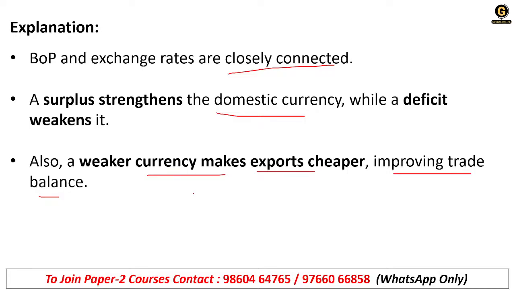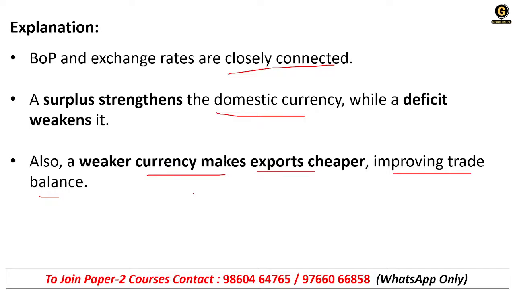So basically the balance of payments and the exchange rate are both closely connected. When we have a BOP surplus, our domestic currency appreciates, right? When we have a BOP deficit, our domestic currency will depreciate. Correct. And exchange rates are determined by the demand and supply of currencies in the foreign exchange market, and BOP reflects a country's trade and capital flows.